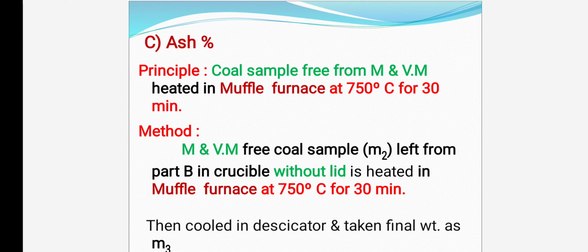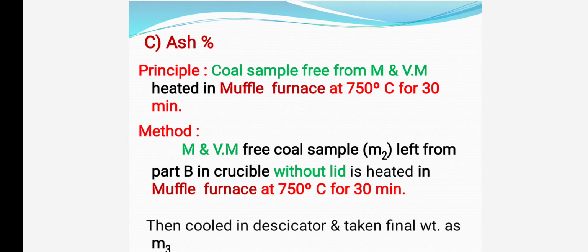The lid is the cover that we keep over the crucible. For moisture we kept it in the hot air oven with the lid completely covered. For volatile matter we kept it in the muffle furnace with the lid slightly open, and for ash we again keep it in the muffle furnace but without the lid. Okay.